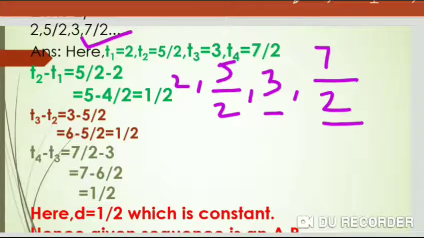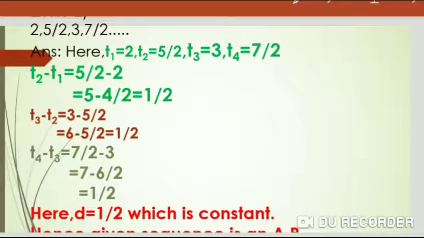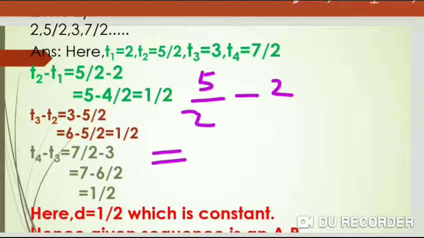In order to find out the common difference D, we again take the difference between two consecutive terms. See here, I can write T2 minus T1. That means the value of T2 is 5 upon 2 minus T1, which is 2. Now the denominator of 2 is 1. But see, the denominators are different. Here the denominator is 2 and here the denominator is 1.